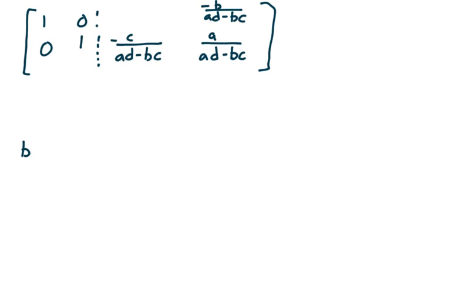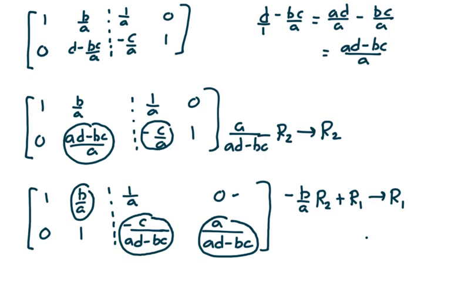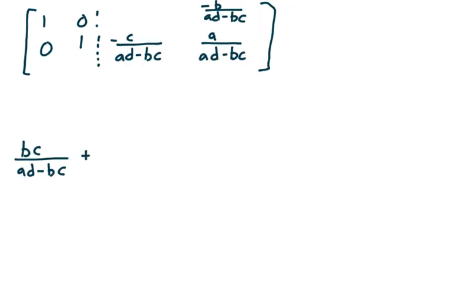I'm going to take BC over AD minus BC, right? And then I have to add 1 over A. And by the way, there's an A down there as well. So this is being multiplied by A. And then I'm going to add 1 over A.